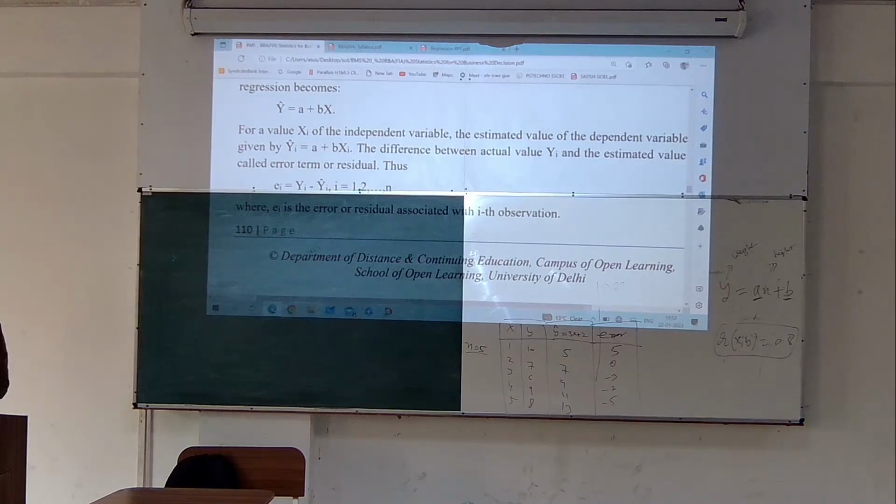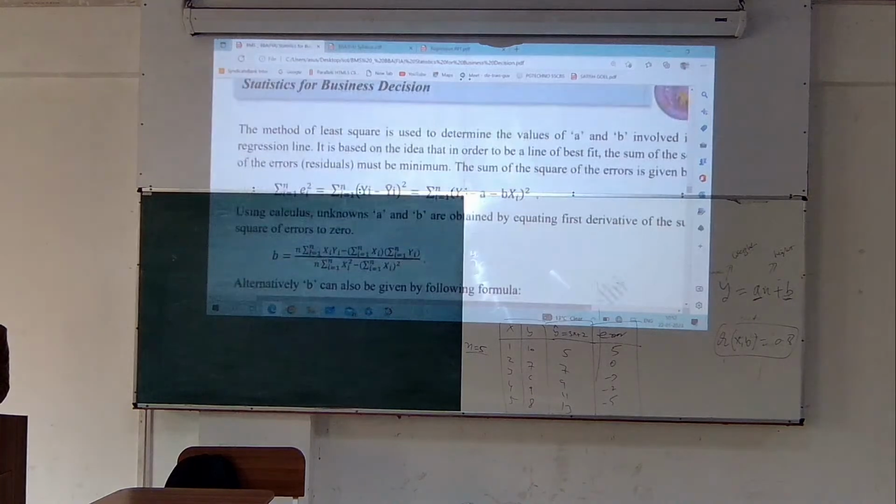So this is my motive, to minimize the error, and for that I have to square the error, because sometimes errors may be positive, negative. If you add, sometimes the total error may be 0. Therefore I square it before adding, so that negative and positive all become positive. Summation of error square, or you can say summation of (y_i minus y cap) whole square.